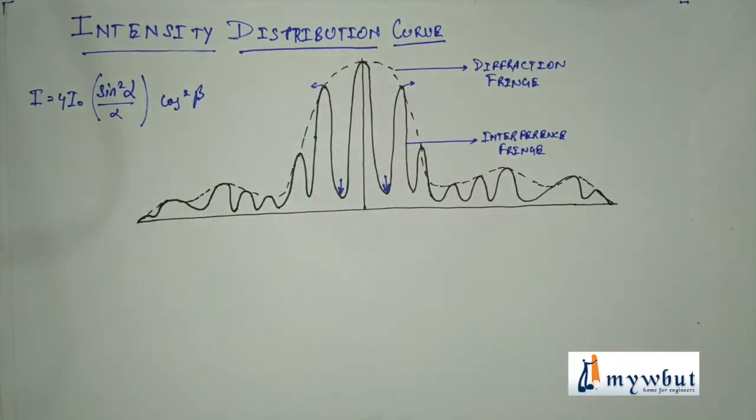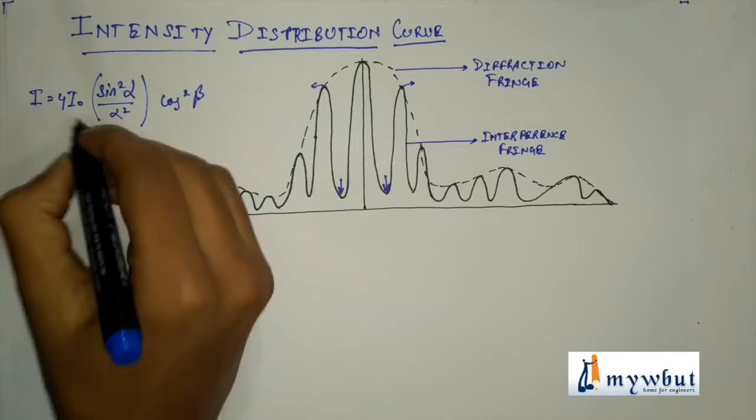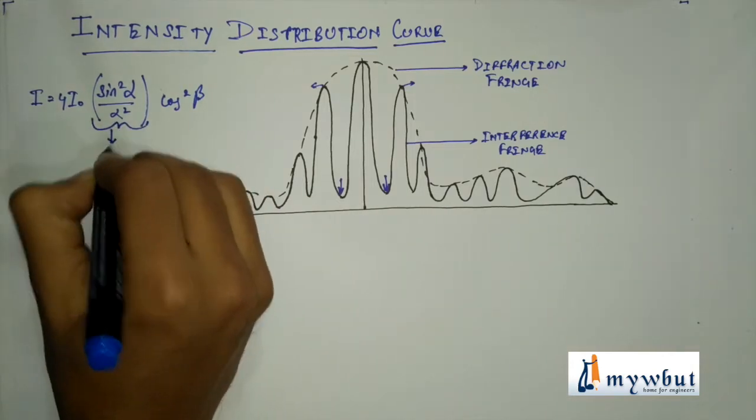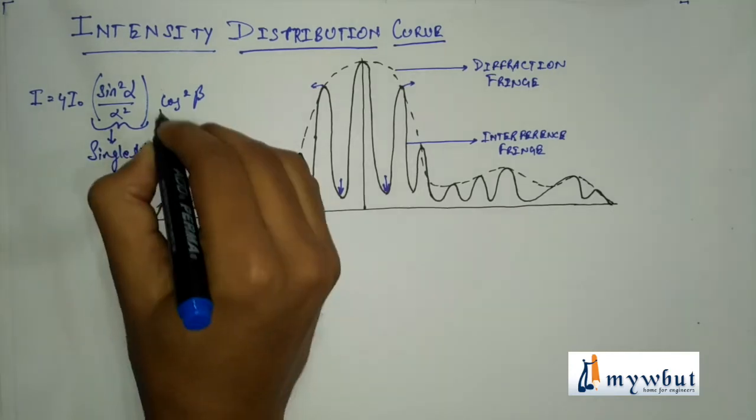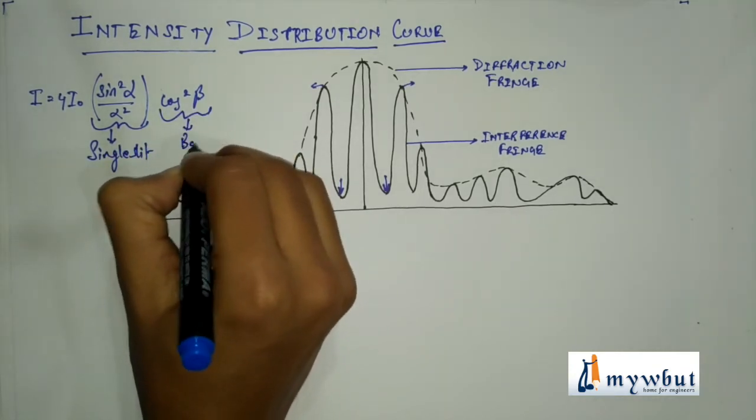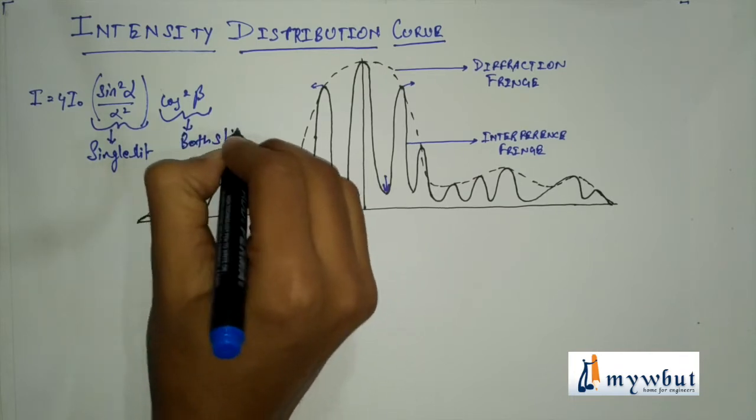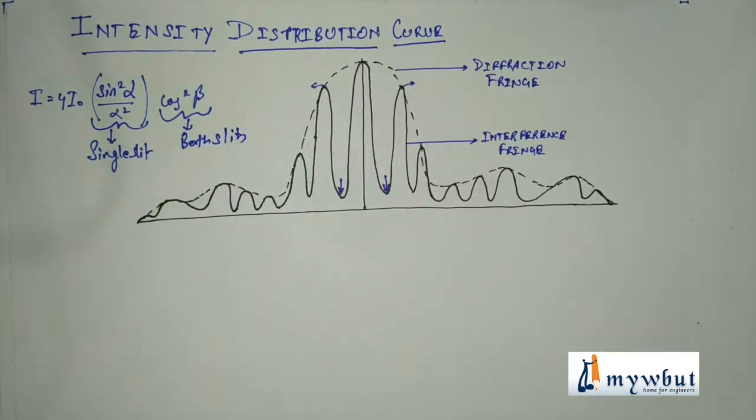Here we know that the first factor, sine square alpha by alpha square, gives the diffraction pattern due to a single slit, whereas the second factor, cos square beta, corresponds to the interference pattern produced due to both the slits. So this factor is for a single slit, and this factor is for both slits in case of double slit Fraunhofer diffraction.